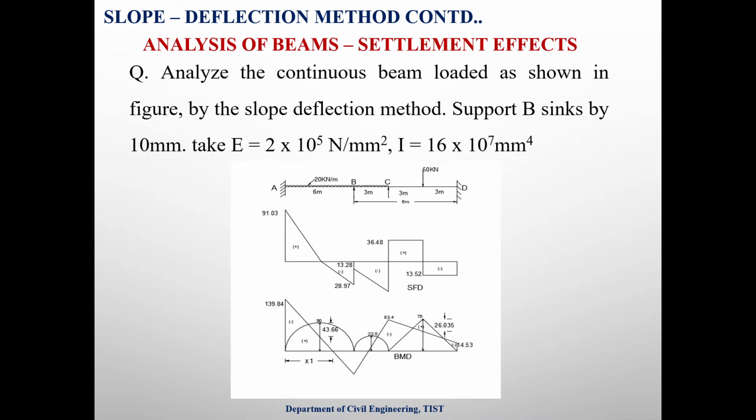Then in the case of BC, since the support B sinks by 10 mm, when you consider BC, the left support is below with respect to the right support. As per the sign convention, when the left support is below with respect to the right support, the value of delta is negative.